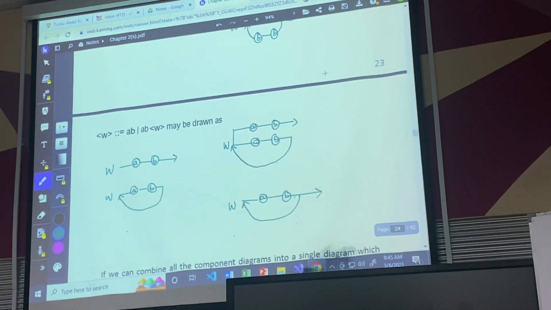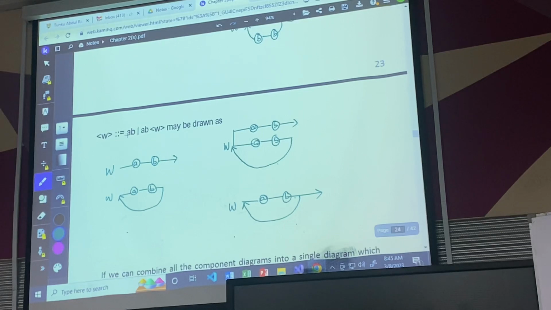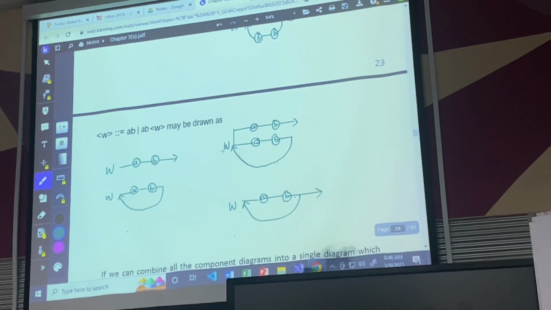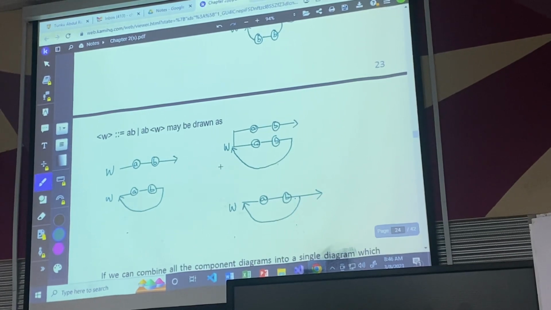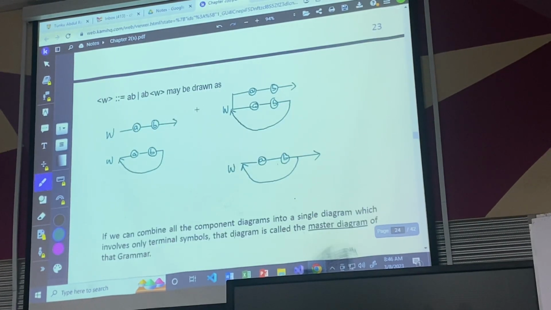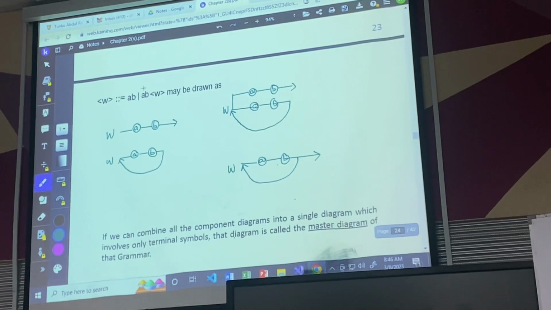Okay. Now these are all the syntax diagrams, meaning that you can draw separately for the different substitutions. Whenever there is an alternative, you can draw it with a separate diagram. But let's say we want to combine all these substitutions, even not only W here.